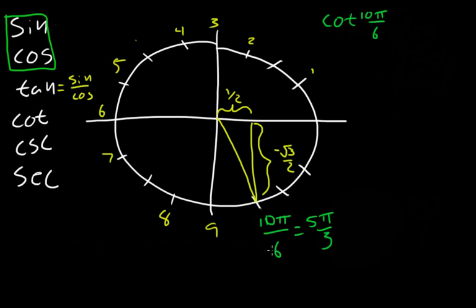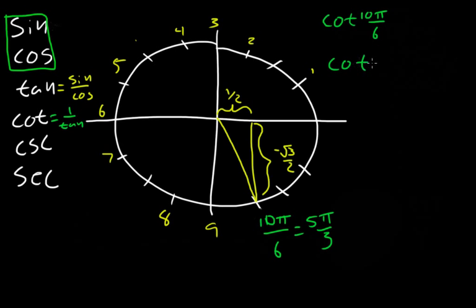But you have to be used to seeing these different fractional values for the same coordinate. All right, so cotangent, cosecant, and secant. Cotangent is equal to 1 over tangent.